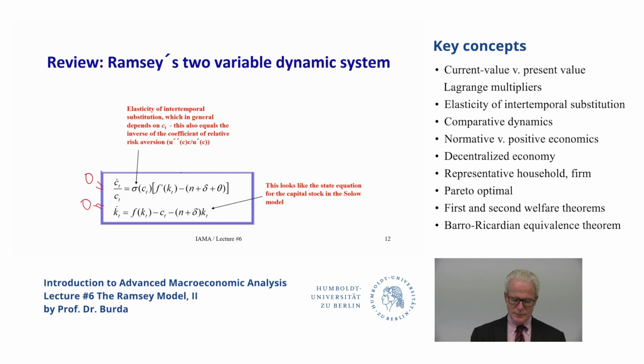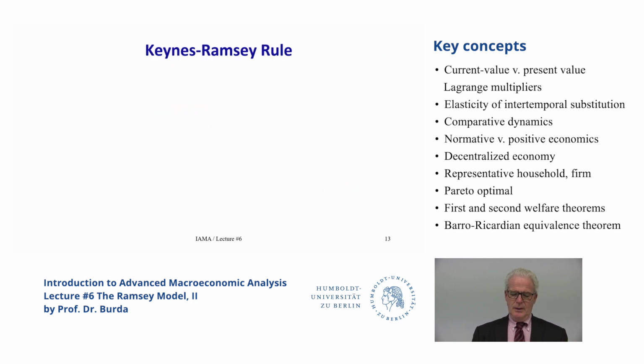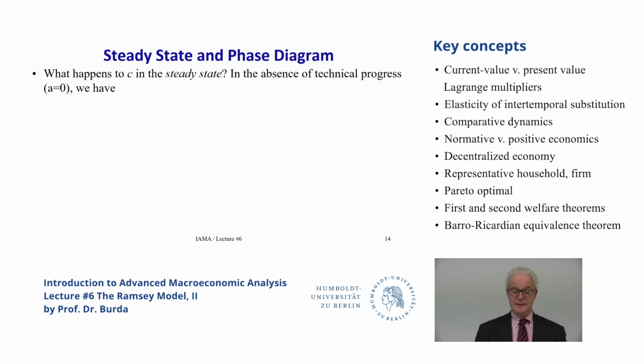So we can set those equal to 0, and we can plot those objects. Okay, so the first one looks a little bit like our Solow model. The equilibrium in the Solow model for output, we discussed that in the very beginning of the course.